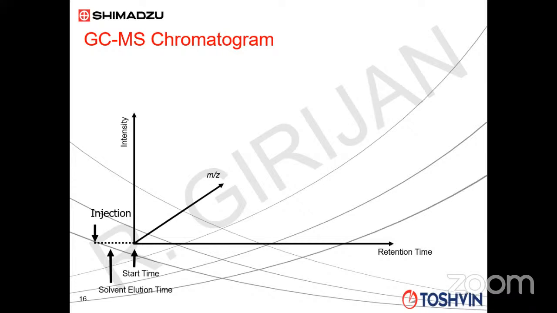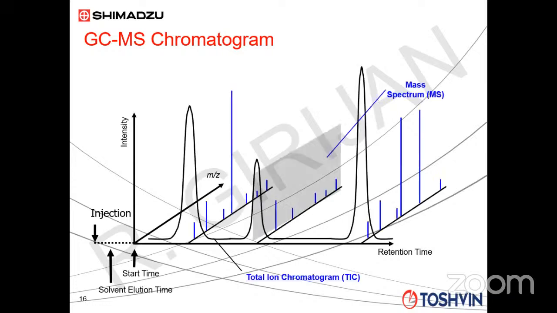But when you consider a GC-MS, you will be getting one more piece of information about the compound, that is the mass spectrum. So in addition to retention time and the signal intensity, we are also going to get the mass spectrum of the compound. And using this mass spectrum, you can easily go for identification of the compound. So the GC-MS combination has always got an upper hand on the conventional GC.